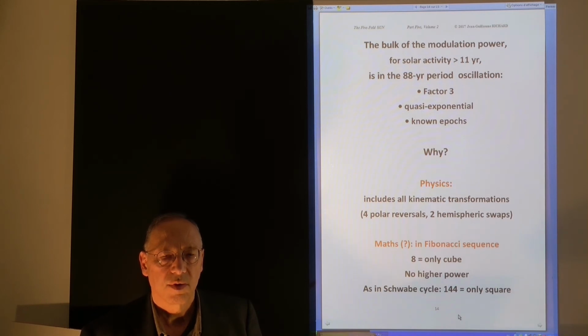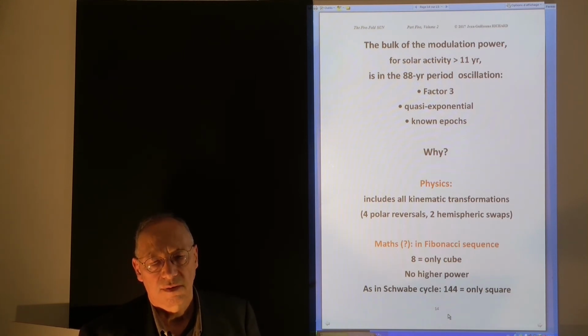Also, this period, which includes the bulk of the modulation power for solar activity, is known from a set of clearly detected epochs, which is not the case for any period of longer length. Why is the 88-year cycle, including the bulk of the modulation power for solar activity, beyond the Schwabe cycle? The physical explanation seems to be straightforward.